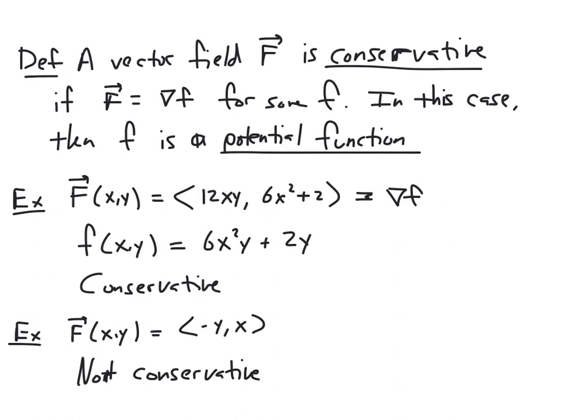We don't have the machinery right now to verify this, but it's pretty clear if you just try to write down some examples that satisfy both of the partial derivatives being equal to negative y and x respectively, that it's really just impossible to do. Of course, that doesn't justify anything, but we will have a really clean way of showing that these two examples are conservative and not conservative respectively.